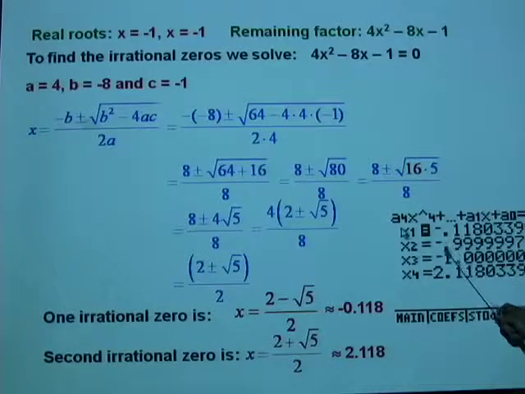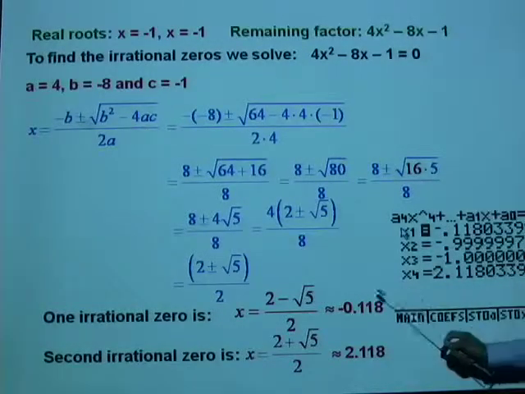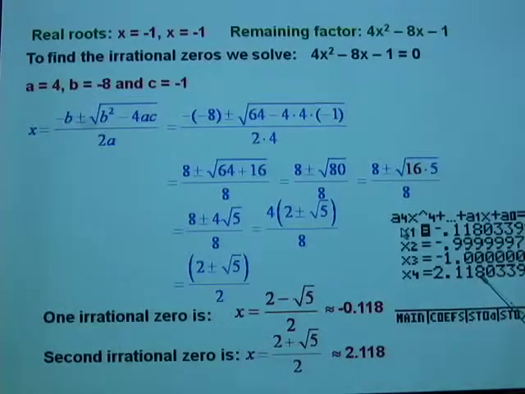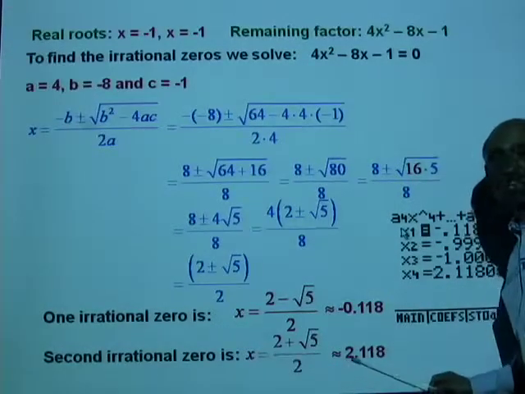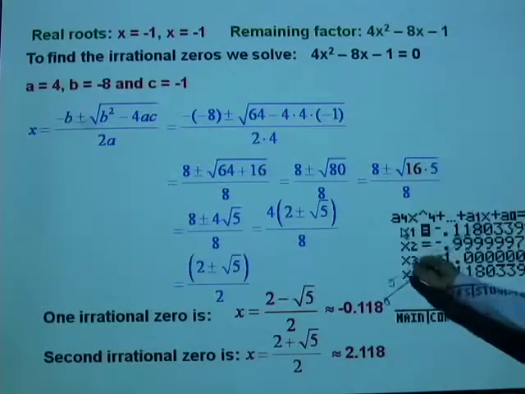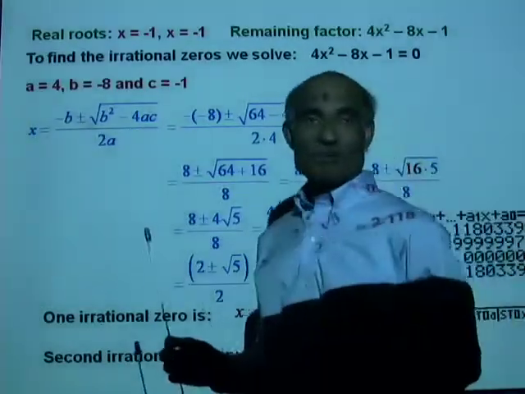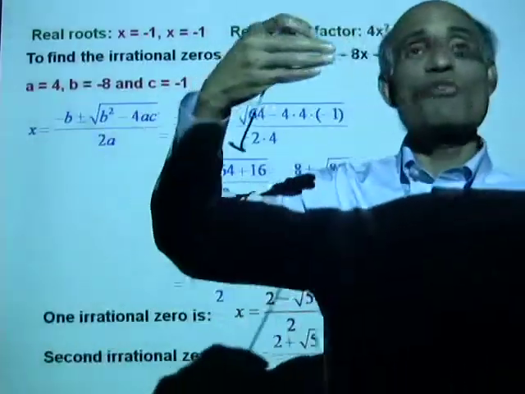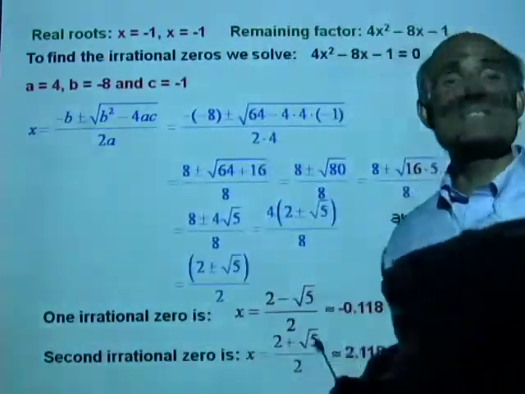Now, look at what the calculator gave you earlier. We had these two are the integer zeros, and those two are the rational zeros. Look at that, the first one, negative 0.118. That's what we just produced. And the second one, 2.118, is what this is. So the calculator actually gives it to you, but not in the form we want. We need to express it in the form b over c.